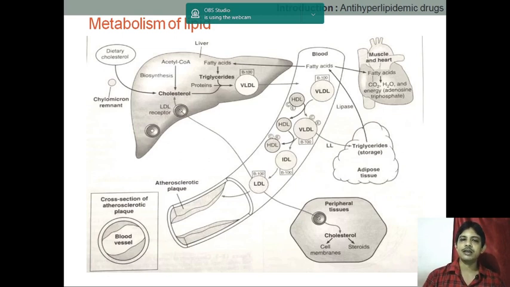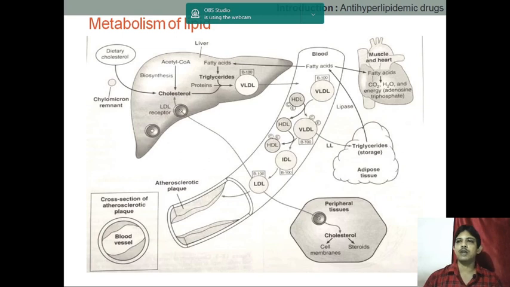After binding, the receptor-LDL complex undergoes endocytosis and is incorporated into the lysosome for further processing into cholesterol and different proteins.